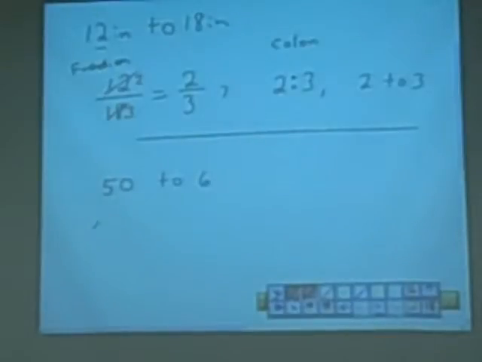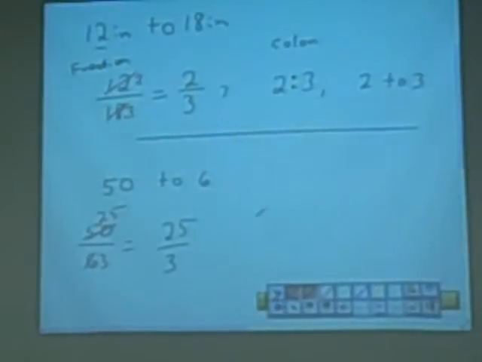So what would go in the numerator for our fraction? The 50 or the 6? 50. The 50, right. 6 would go in the denominator. Can we simplify that? 2 can go into 50, 25, 2 can go into 6, 3. So that would be 25 over 3.